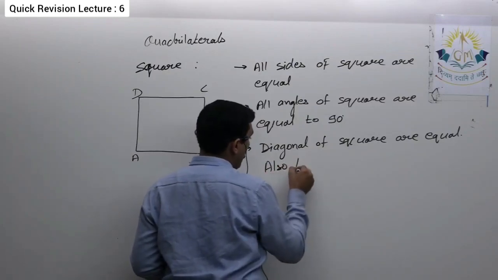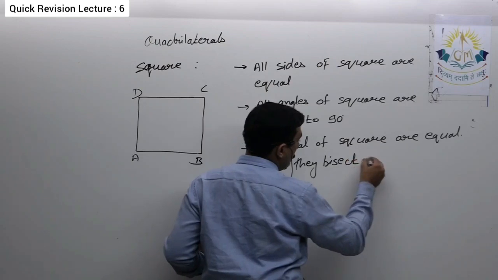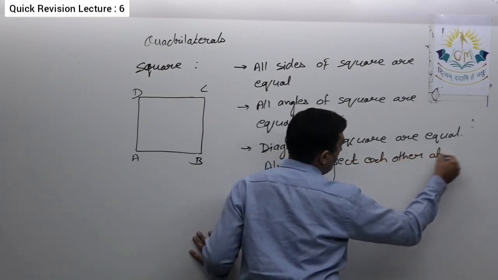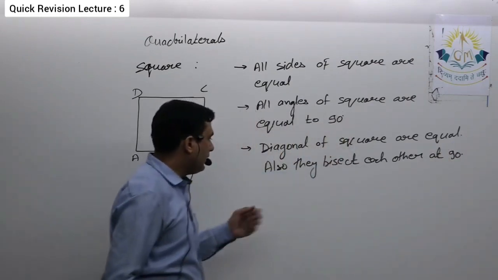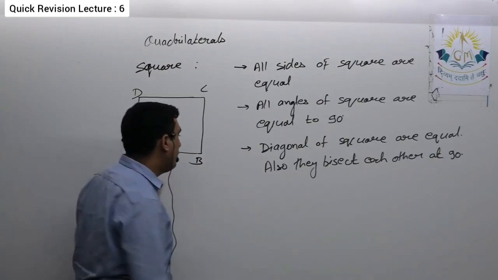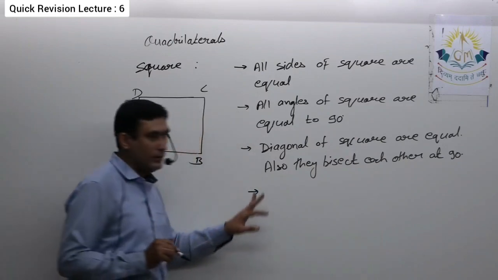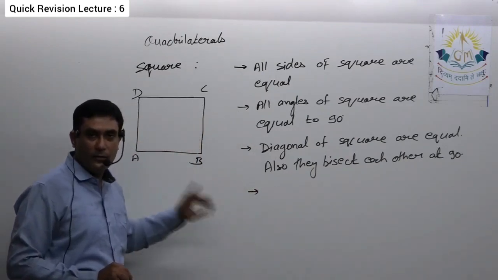Also they bisect each other at 90 degrees. Now there is one more property of the diagonal which was also in the rhombus. I forgot to specify it over there, so I am specifying that property now. This last property is applicable to both squares as well as rhombus.